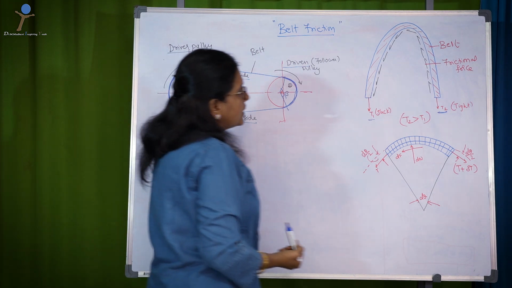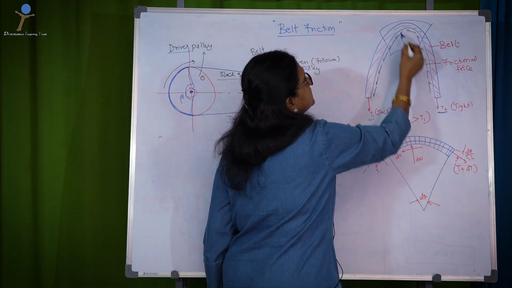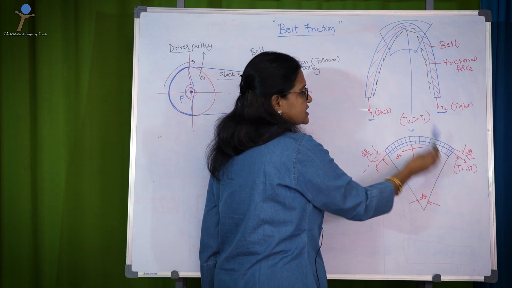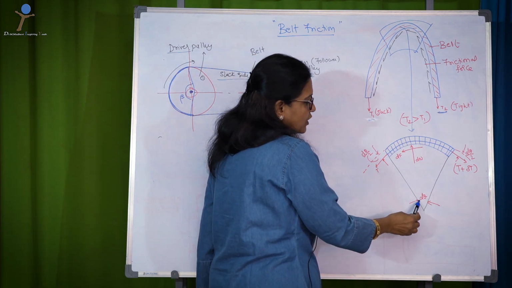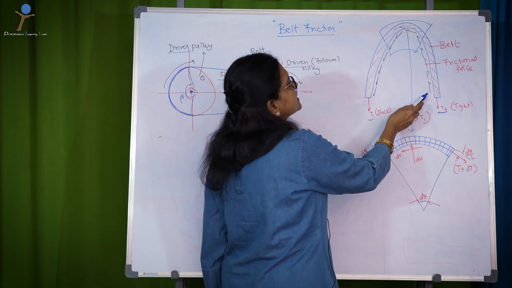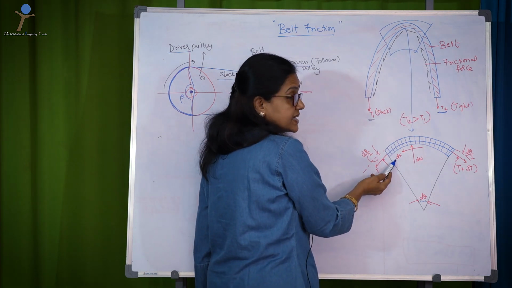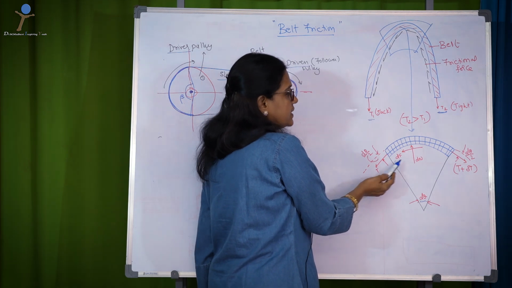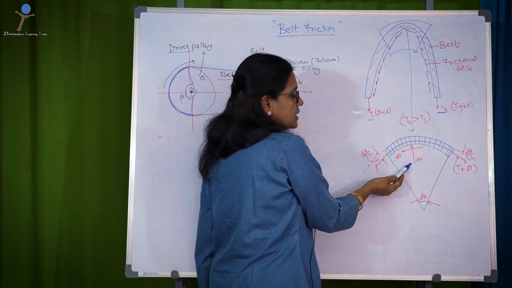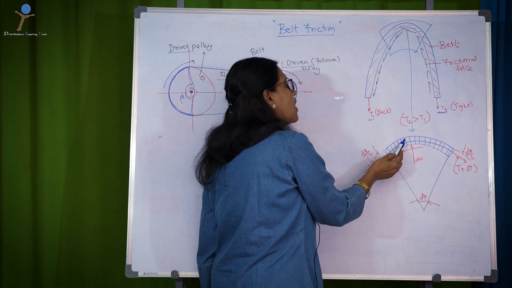Right? Now, let me take a small elemental strip of this belt in this way. This forms the elemental strip with an included angle of d theta. Right? Now, since the frictional force is acting in this direction, I represent it as dF. Now, dN is the normal reaction force caused by the pulley onto the belt.